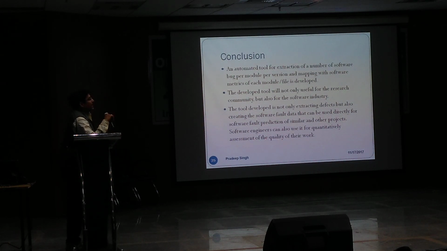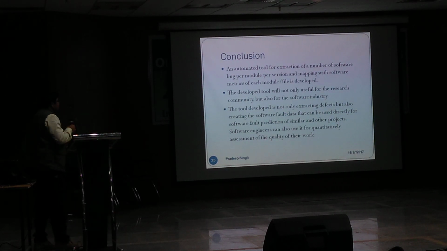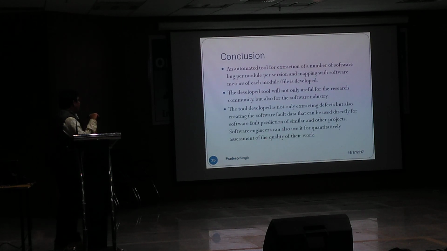So you can generate guidelines for developers and software testers. This tool will not only extract the defects but also create software fault data that can be used directly for software fault prediction, which is our next step.